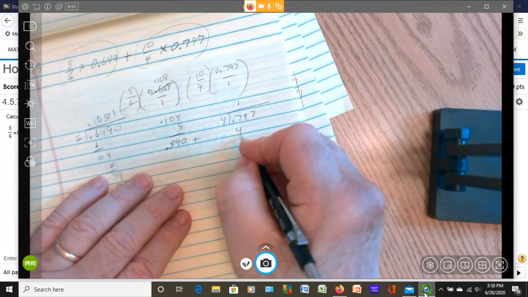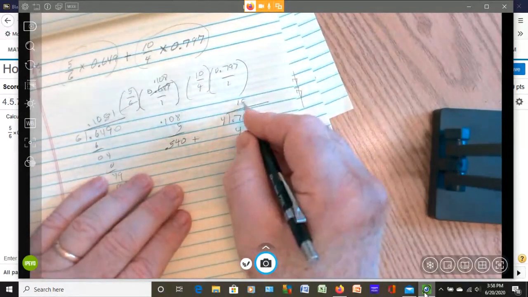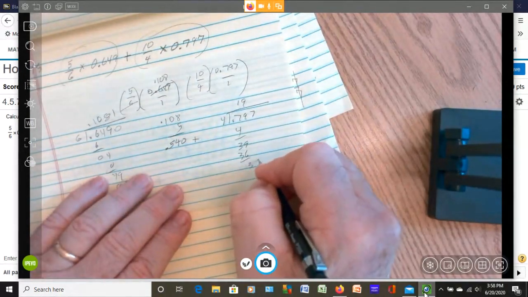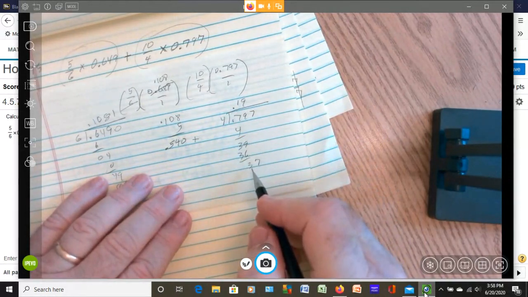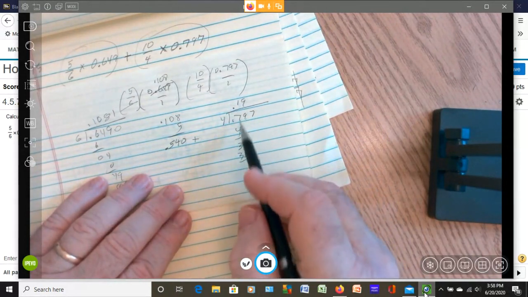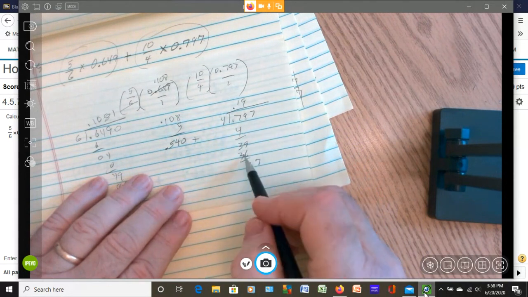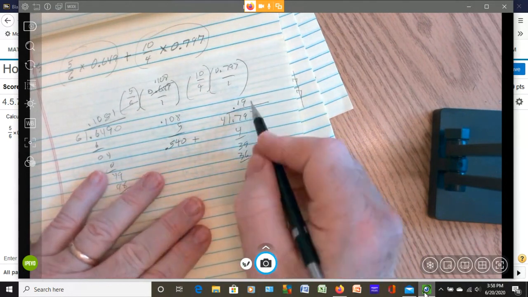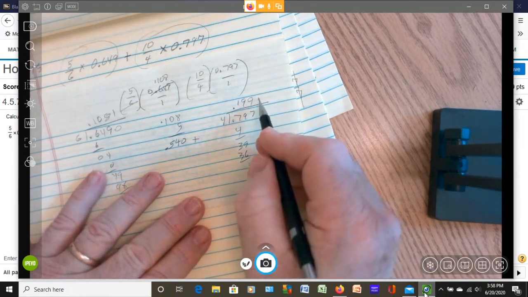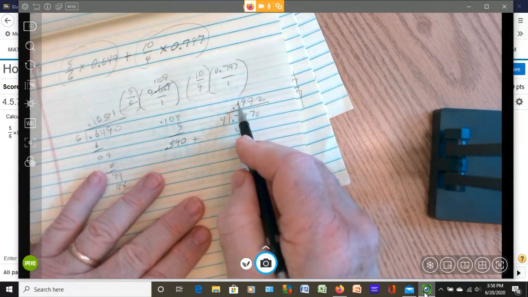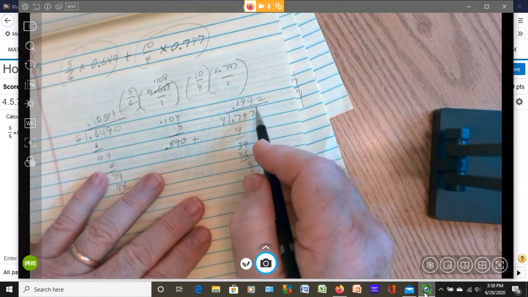I'm going to get a 1. 4 nines is 36. 6 and 9 is 3 is 37. So this is the decimal point here. 4 nines is 36. That's a 3. Bring down a 7. So that's also a 9. 4 nines is 36. 1. And that's a 2. So I'm going to round this to 0.1992.